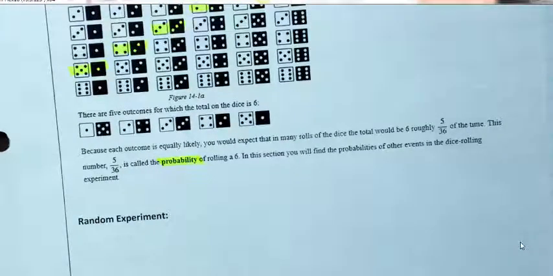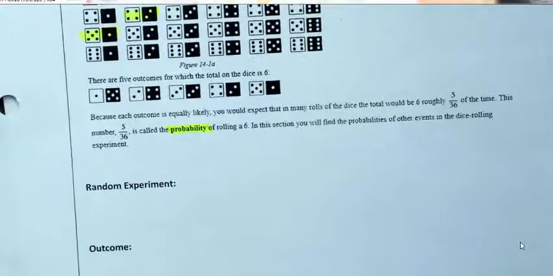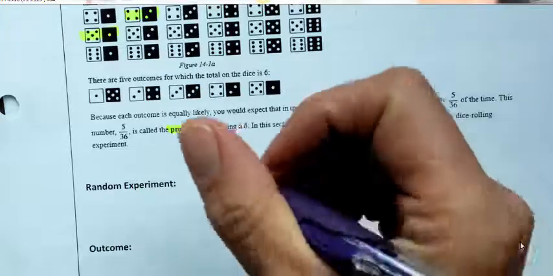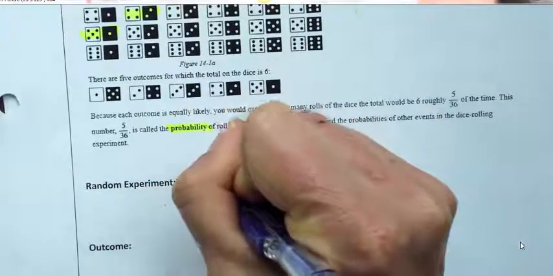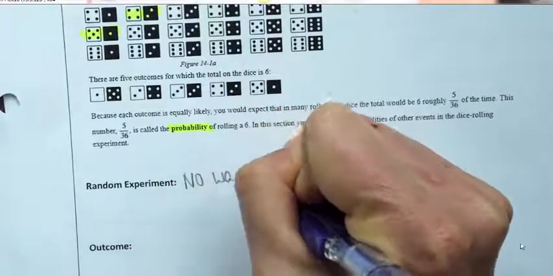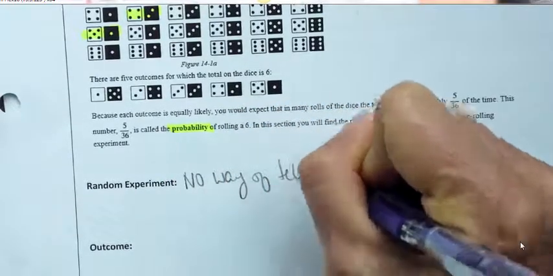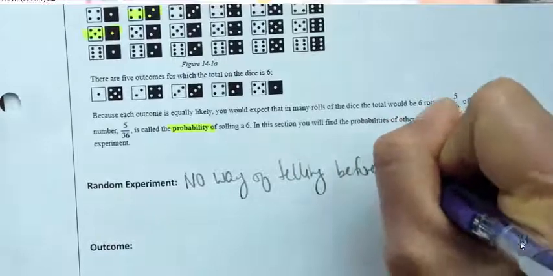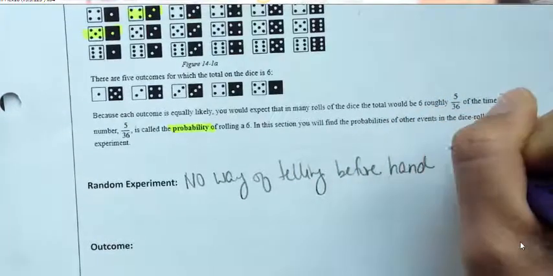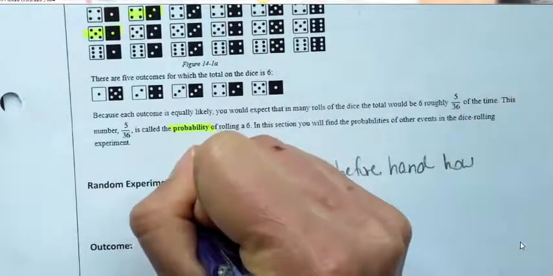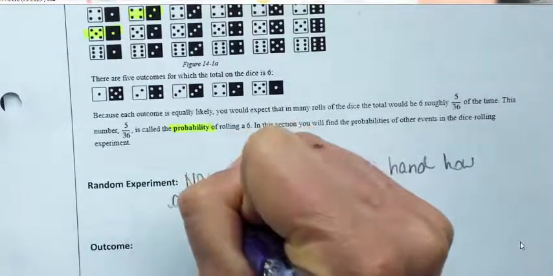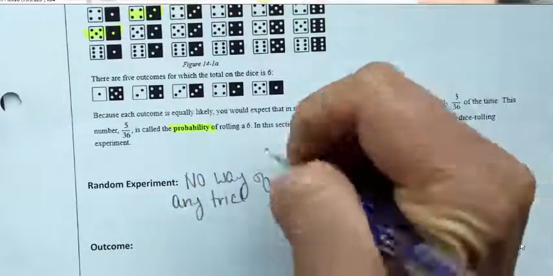Okay, so first of all, let's talk about some vocabulary. A random experiment, such as rolling a die, is one where you have no way of telling beforehand how any trial is going to come out. I roll a die, I have no idea which number I'm going to land on.